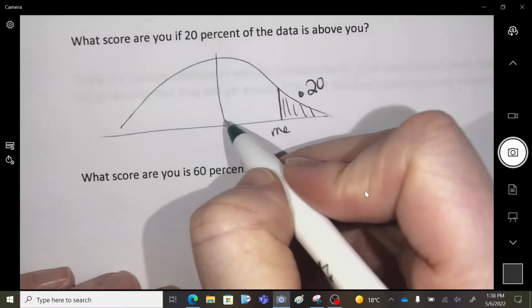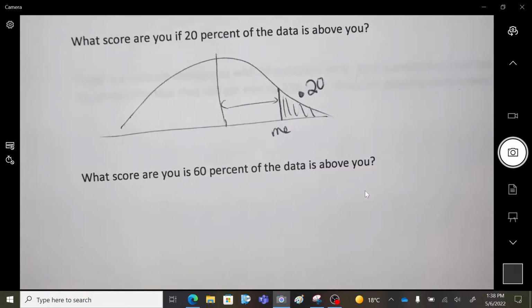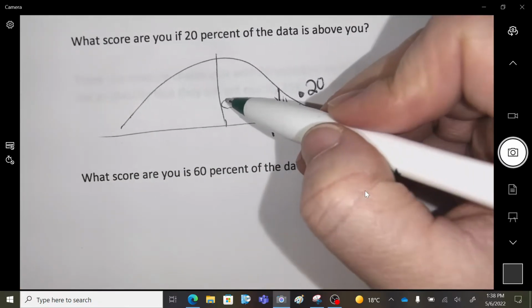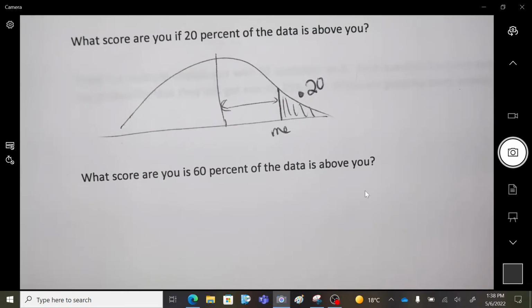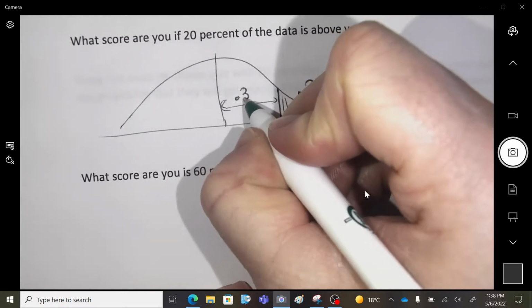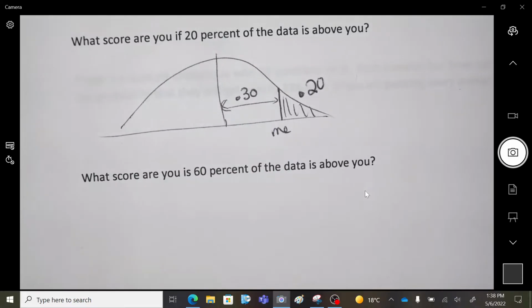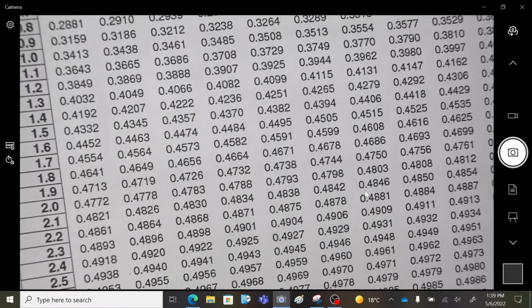So I'm going to think about where I am. What is between me and the middle? So there's 30% in that zone. So now when I go to my table, do I look on the outsides of the table or the inside region this time?